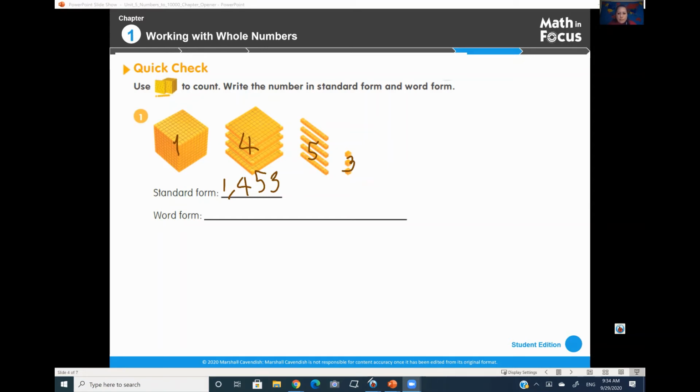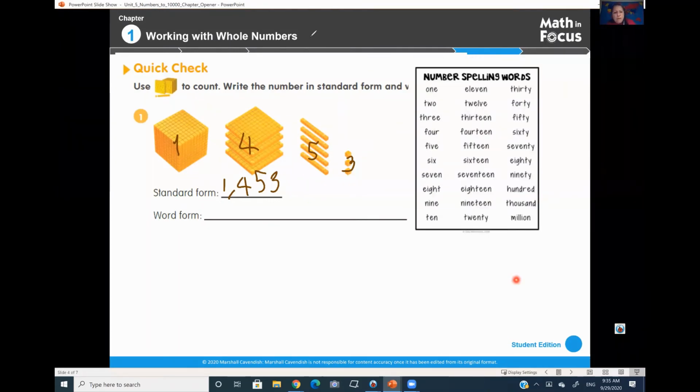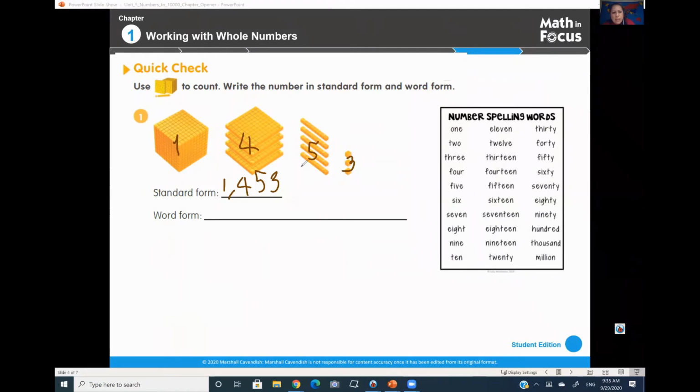Now for the word form, I'm going to need the same chart with the names. So if I have 1,000, I look here for 1, and for 1,000, so I can write the name. Then the next one is 4, but it's 100.